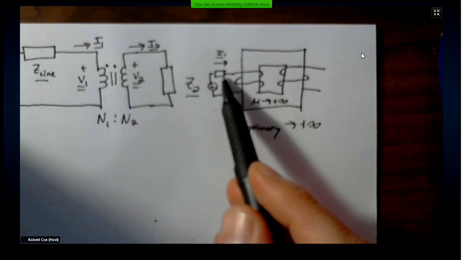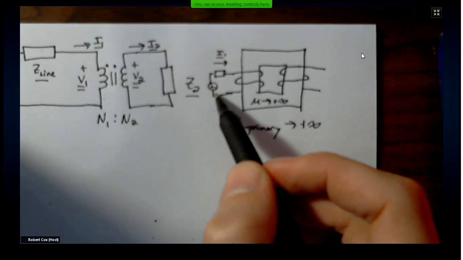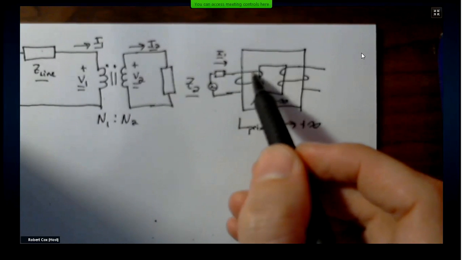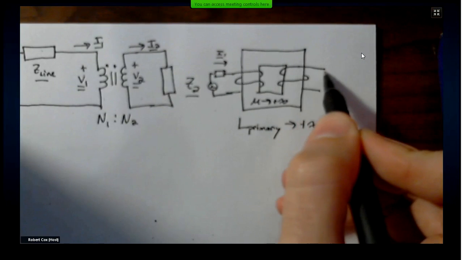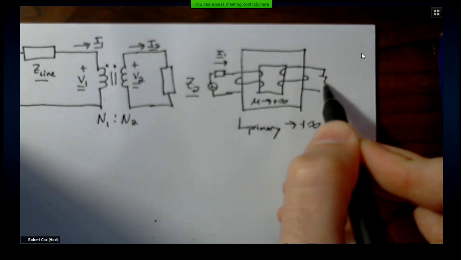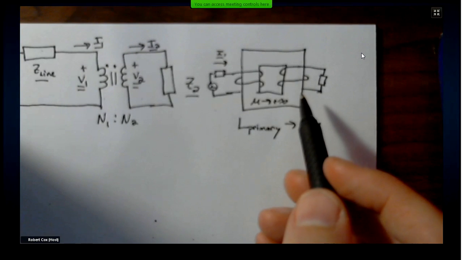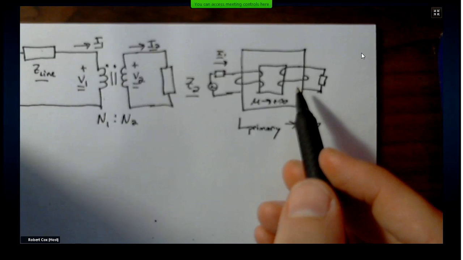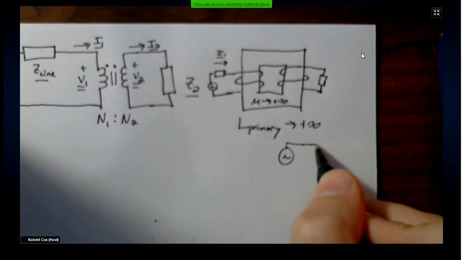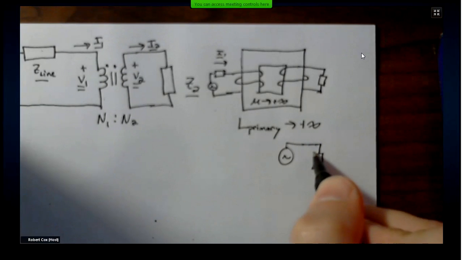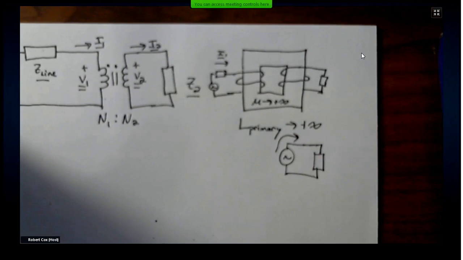The only time current actually flows into this coil is if the energy that flows out of this source goes into a field that couples over here, and then energy begins to flow over here. We thought about the secondary as sort of another circuit, and that other circuit could be thought of as a voltage source. If there's a load connected to it, then there's some energy coming out of this source.